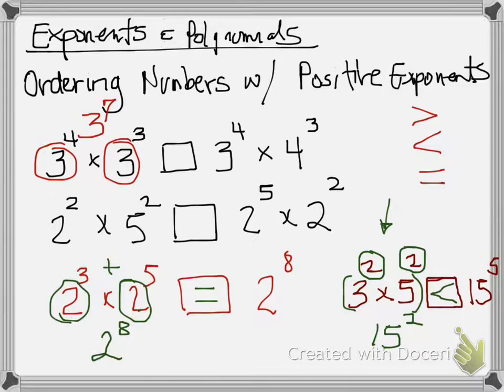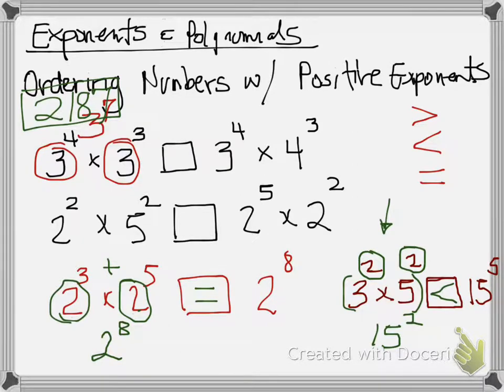Okay, give it to me again. 2187. Okay. So let me double check you. 1, 2, 3, 4, 5, 6, 7. Yep, 2187.